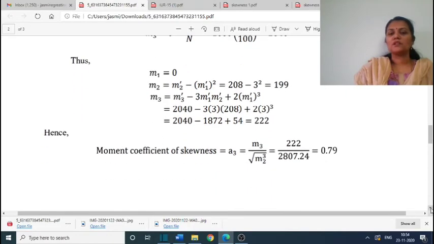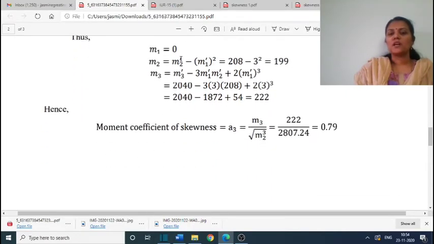And m3 is equal to m3 dash minus 3 m1 dash m2 dash plus 2 m1 dash cube, which is equal to 2040 minus 3 into 3 into 208 plus 2 into 3 cube, which is equal to 2040 minus 1872 plus 54, which is equal to 222. Therefore, the moment coefficient of skewness is equal to m3 by square root of m2 cube, which is equal to 222 divided by 2807.24, which is equal to 0.79.